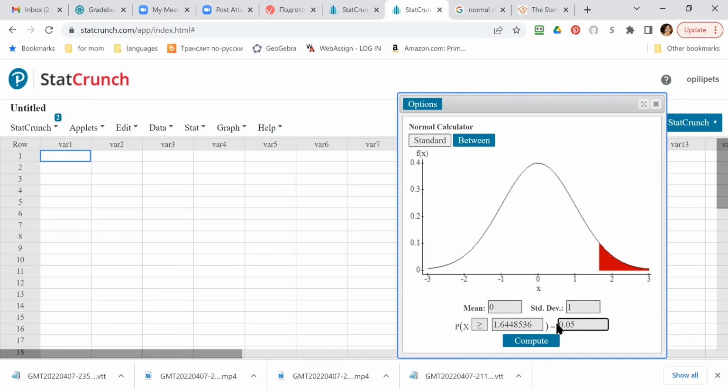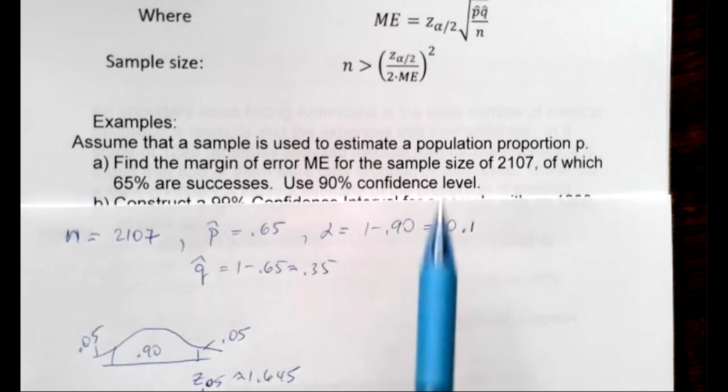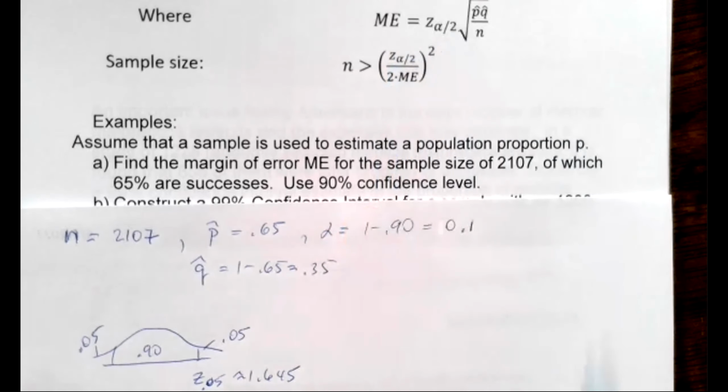So that z value is 1.645. That z of alpha over 2 is actually 1.645. So now I'm going to use that z value in my margin of error formula.